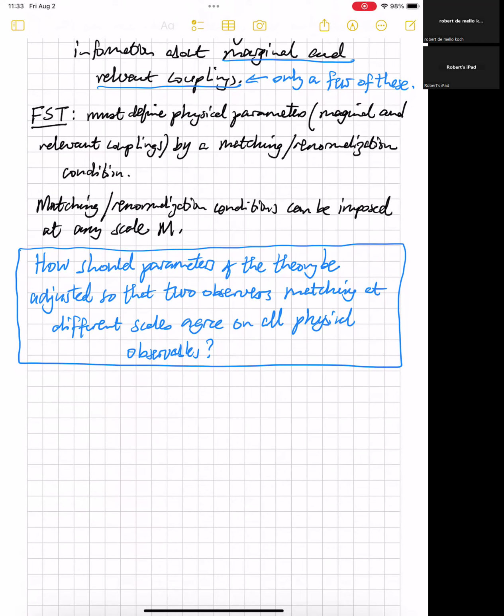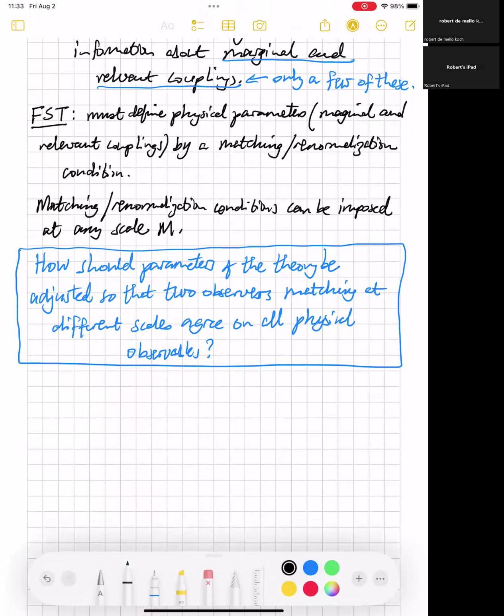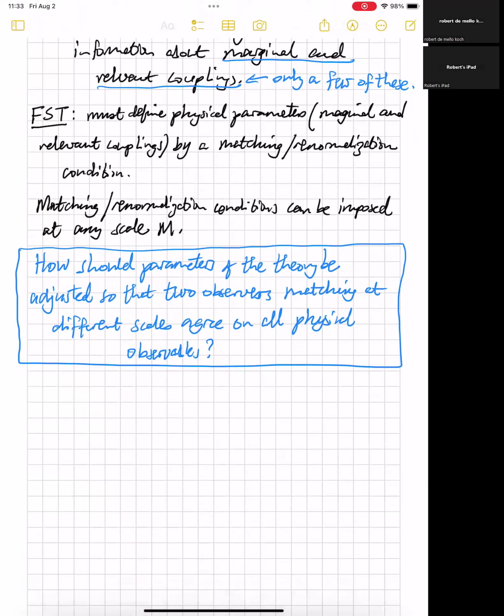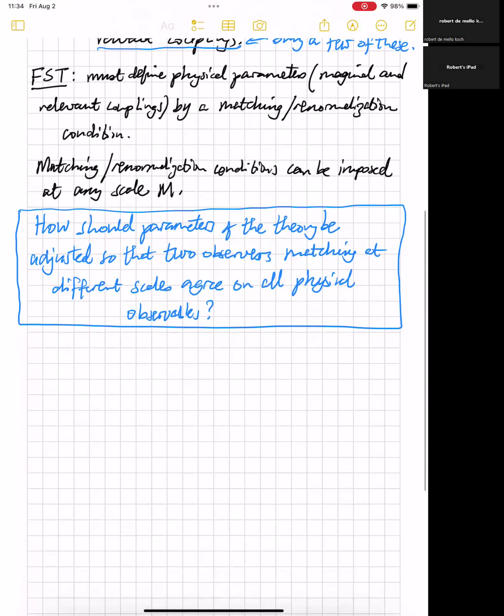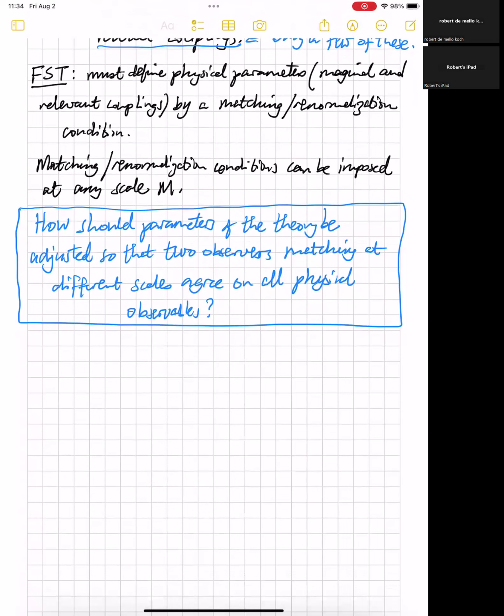And in this way, we learn exactly how parameters depend on scale, even though we're thinking in the Feynman-Schwinger-Tomonaga description, where we've taken the cutoff to infinity. So we've lost the scale defined by the physical cutoff of the theory, because we've taken that off to infinity. But the way we put it back in again, we do the matching or a normalization at a specific scale.